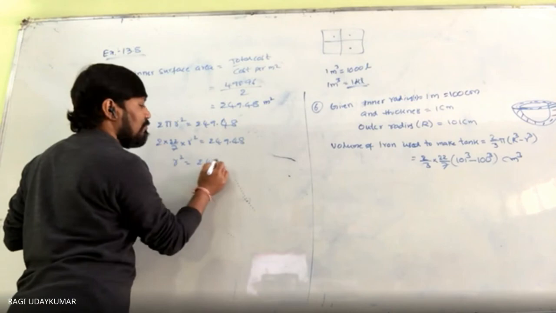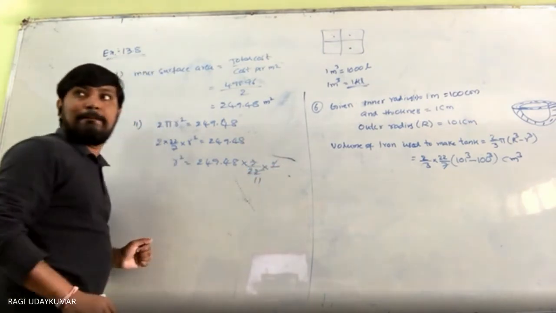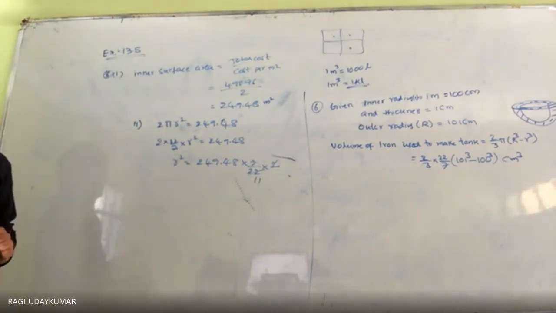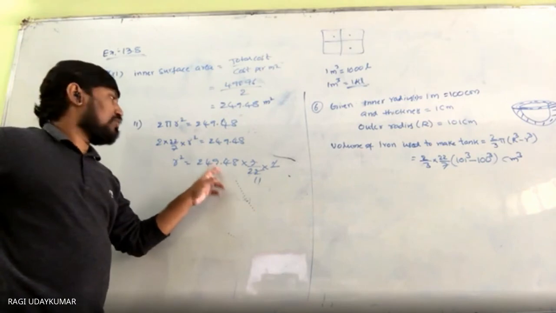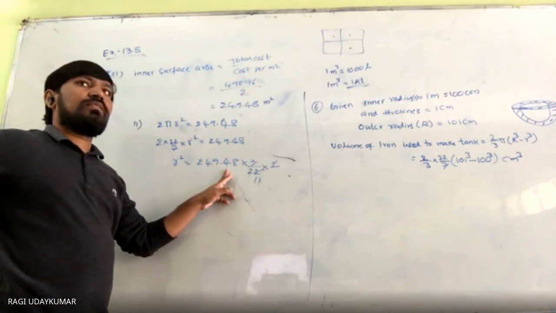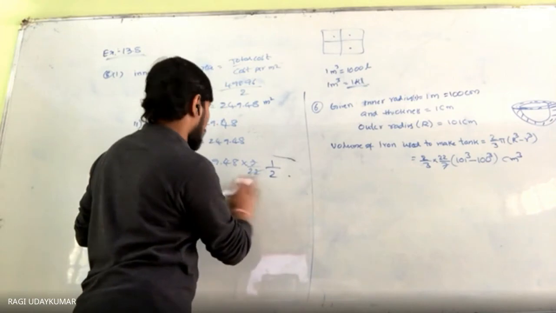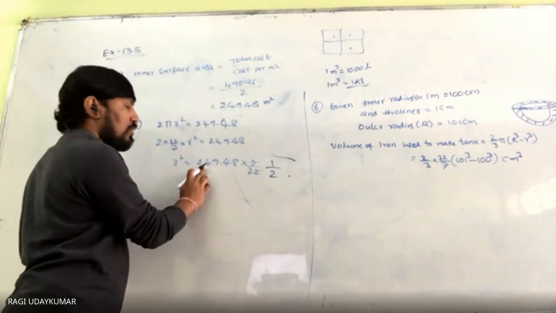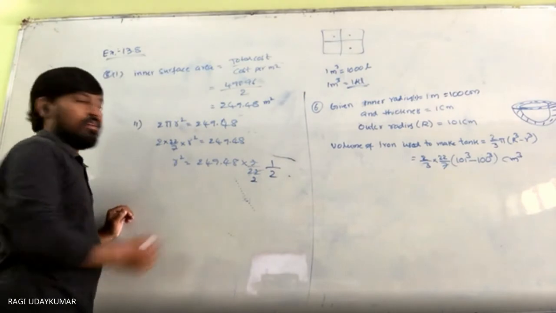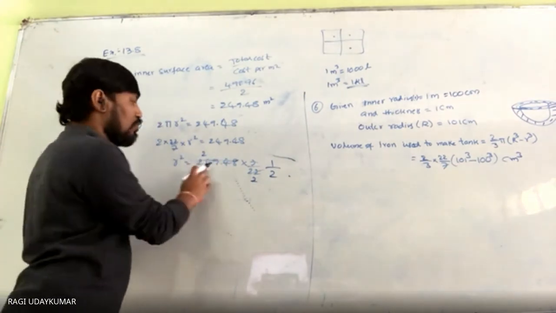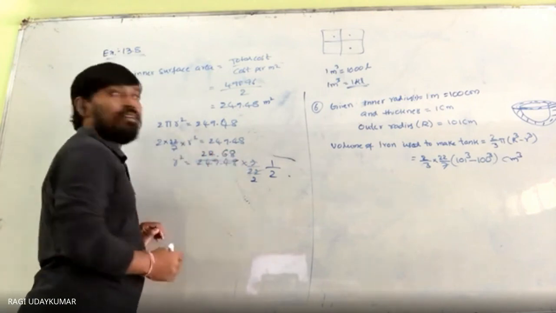So r square is equal to 249.48 into 7 by 22 into 2. 2 ones are 2, 11 2s are 22, it will divide by 11. 11 2s are 22, 2 left over, 29, 11 2s are 22, 7 left over, 74, 6 8, again divide by 2.